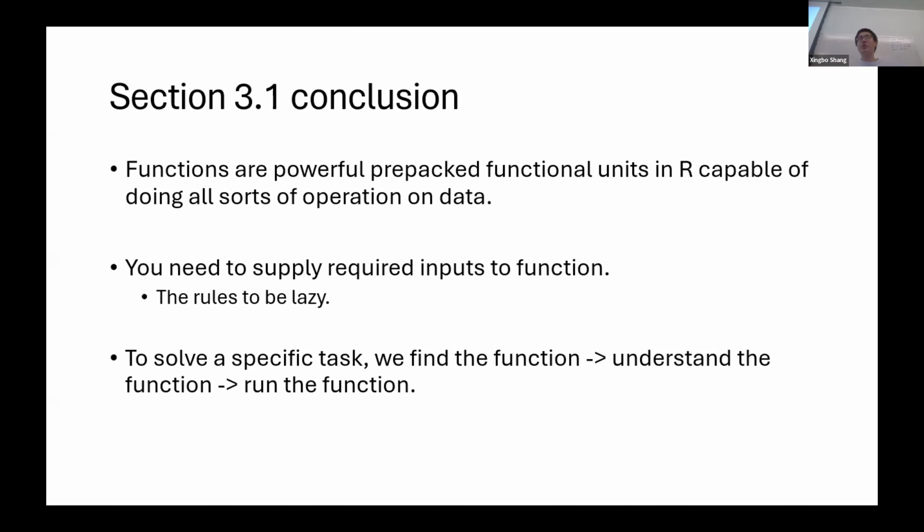Then you finally run the function to confirm whether the output agrees with your expectation or not. So this is how you solve specific data analysis tasks in R. I myself still use this kind of thinking when I need to analyze a new type of data.